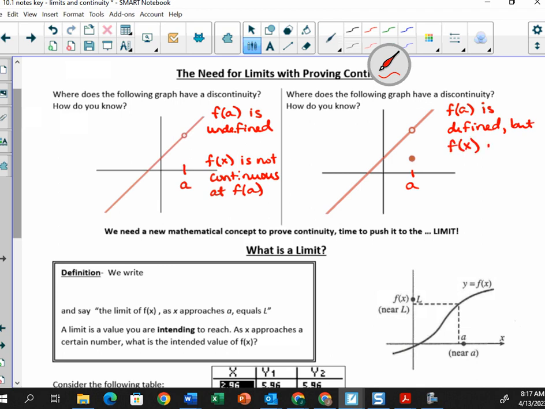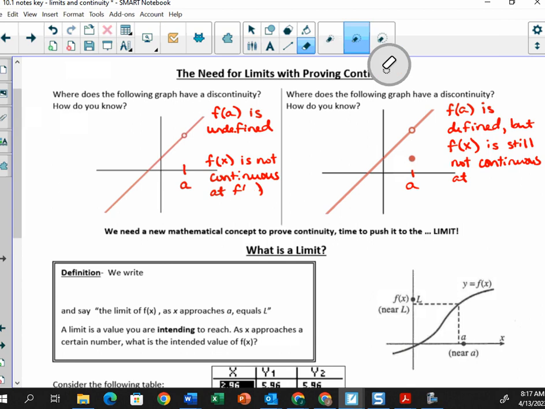However, f of x is still not continuous at A. At that specific x value there's a function value. If I said, what is f of A, you could tell me, whatever it is, 1, 2, but the function itself is still not continuous.